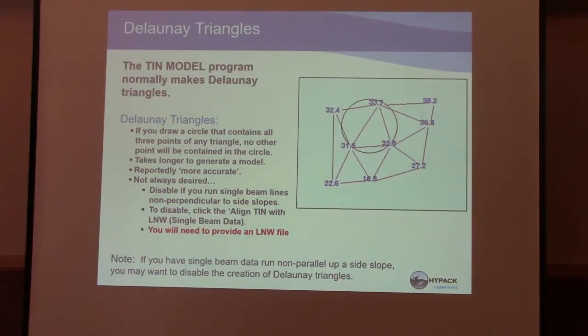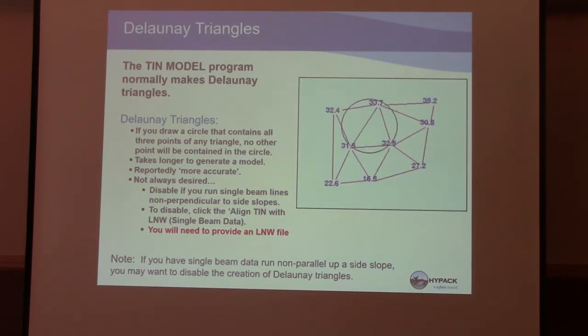In the single beam, you have a lot of data points that are really close together, and it has a hard time connecting the points because you're trying to draw a circle around it, and you've got two lines parallel to each other that have a dense data set with a TIN max side that's long enough to connect the two, but it causes a problem with the adjoining triangles.